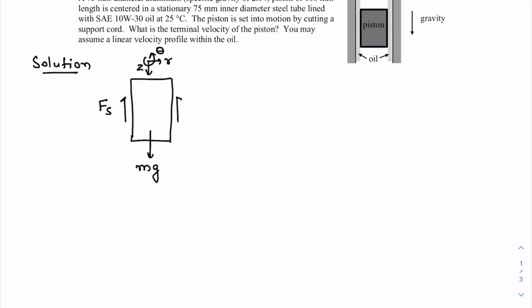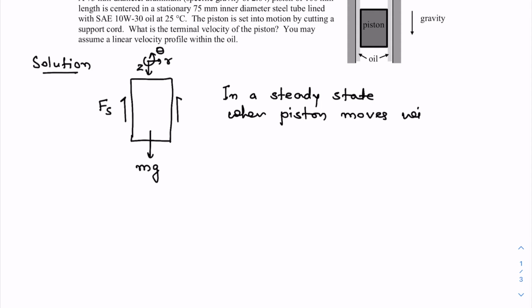So a simple force balance on this piston tells me that in a steady state, or when the piston achieves its terminal velocity, the sum of all the forces acting in the z direction is zero.